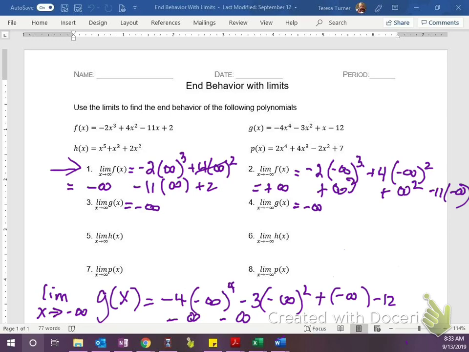We only have a few minutes left. They have to be doing this because we go to the assembly in a few minutes. Everybody should be doing 5 and 6. In number 5, plug in positive infinity for the x's in function h. In number 6, plug in negative infinity for the x's in h.